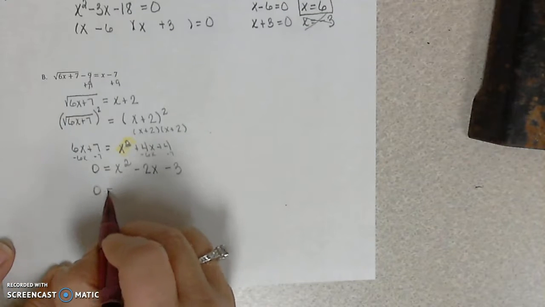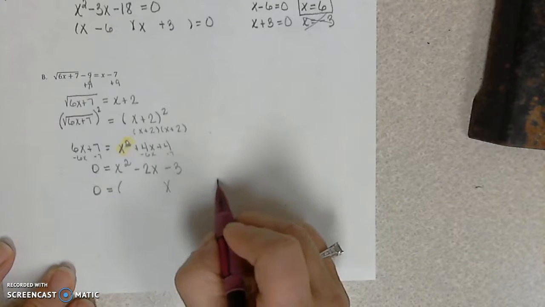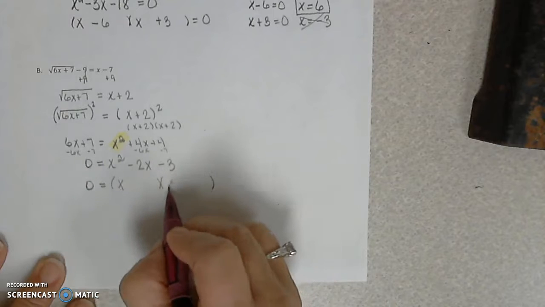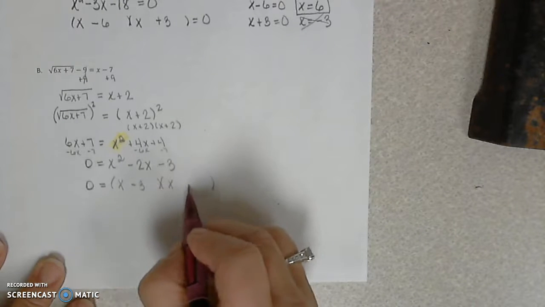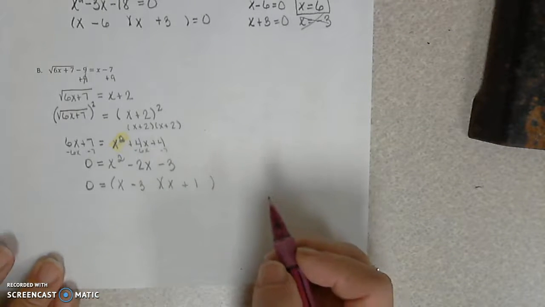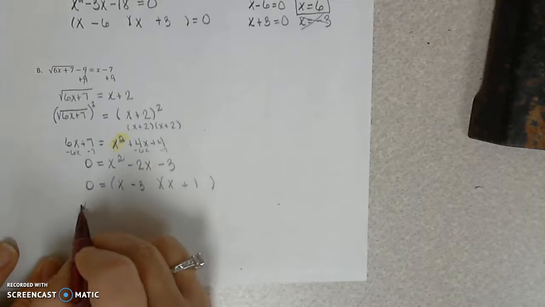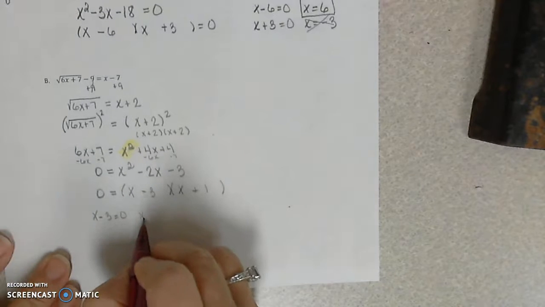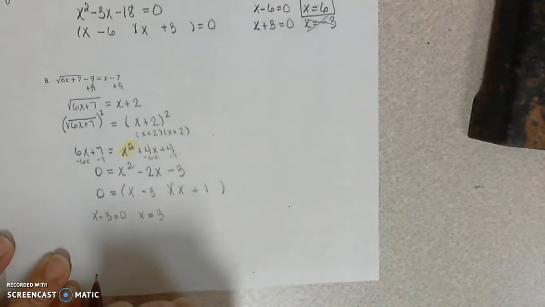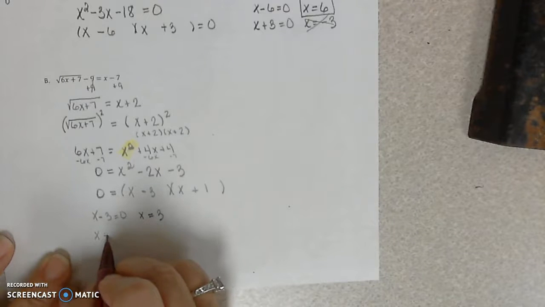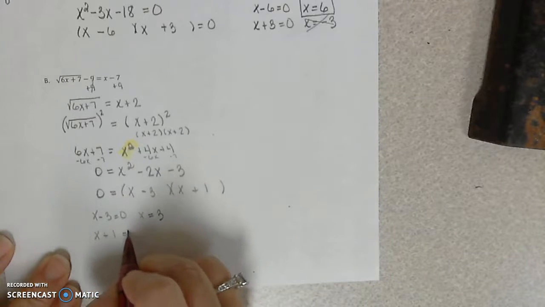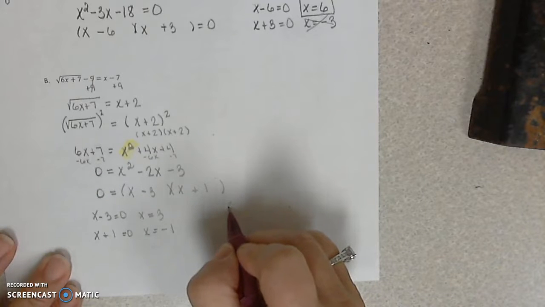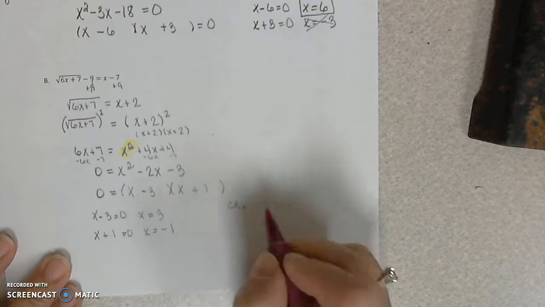The best way to solve a quadratic is to factor if you can. x minus 3 times x plus 1, I believe, is the factored form. Set each factor equal to 0, and then x would be 3 there. Set this factor equal to 0. X should be negative 1, but we don't know anything till we check it.